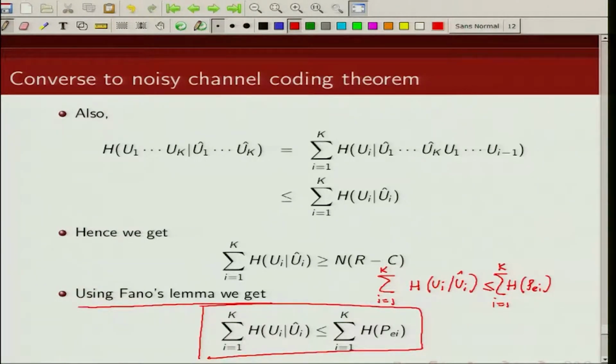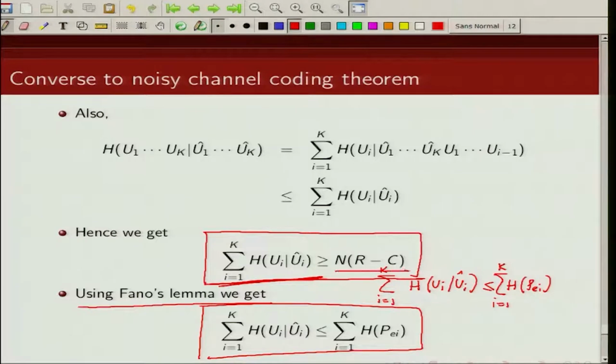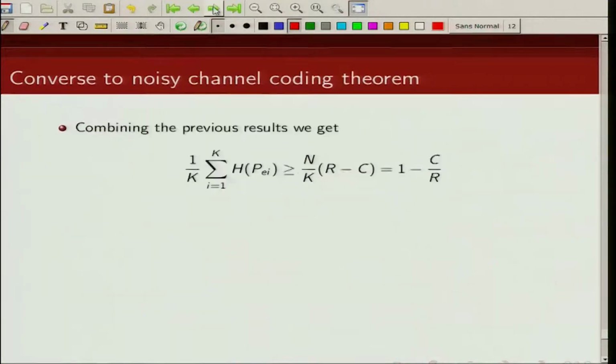And from what we proved earlier, we showed that this term is greater than or equal to n times (R minus C). So in other words, this particular term is lower bounded by n times (R minus C).